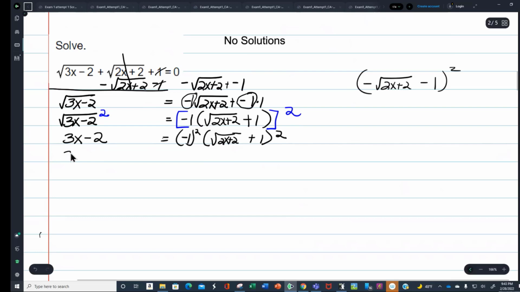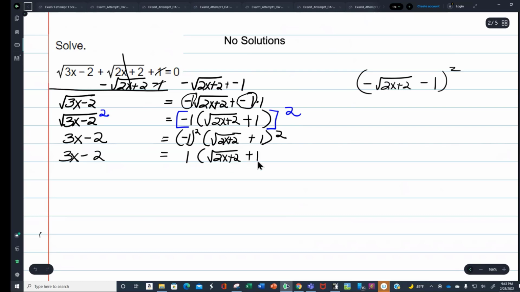So 3x minus 2 equals negative 1 times negative 1, which is positive 1, times the square root of 2x plus 2 plus 1 in parentheses, times parentheses the square root of 2x plus 2 plus 1, parentheses closed.